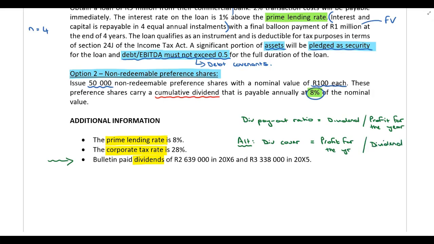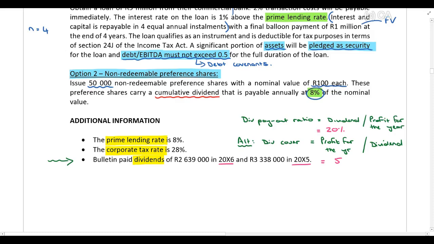Now, if you perform this calculation for 20x6 and for 20x5, you are going to get a dividend payout ratio of 20%, or as an alternative, a dividend cover of 5. So the dividend payout ratio tells us that they are paying out 20% of their earnings as a dividend.